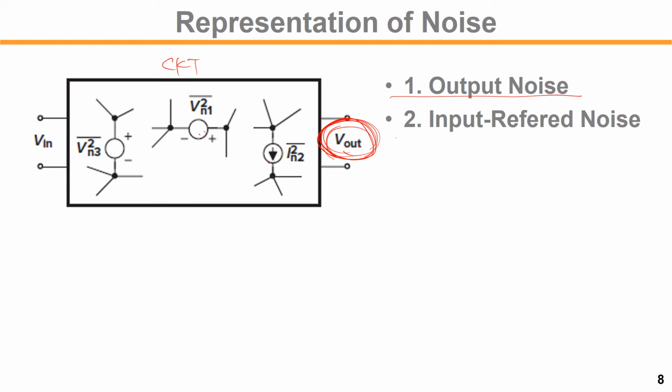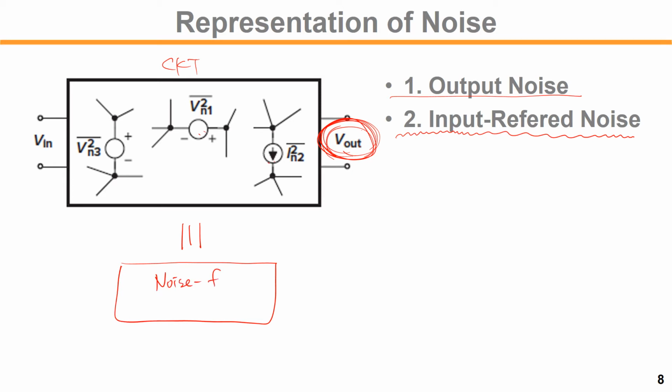That's why, for typical noise representation, we use the input referred noise. We have many noise sources like that, and we find the equivalent. So this circuit is a noise free circuit, and all the noise is lumped at the input as input referred noise, either a voltage noise source or a current noise source.